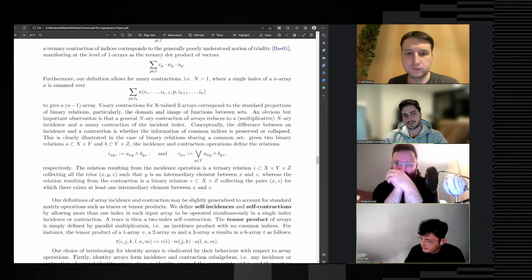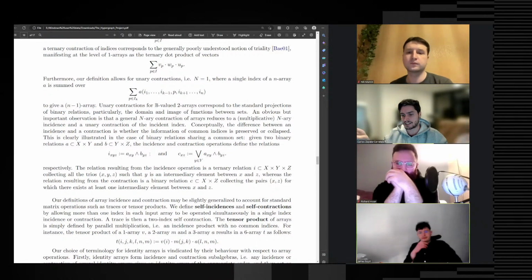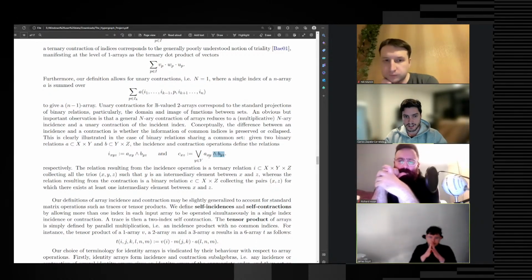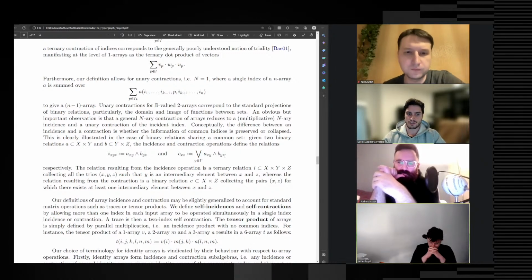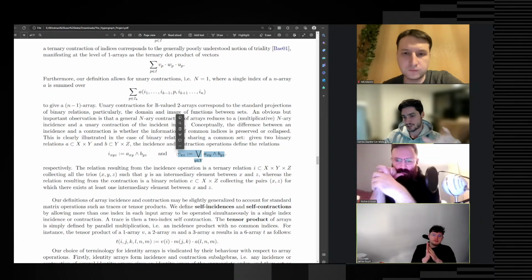So this is categorical composition. In a category you have composition, so that's a form of generalized categorical composition. This thing here is literal categorical composition in the right category, of course, the category of relations or the category of matrices or whatever. So these are operations in the sense of composition.